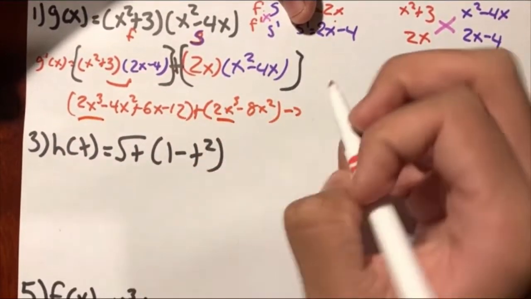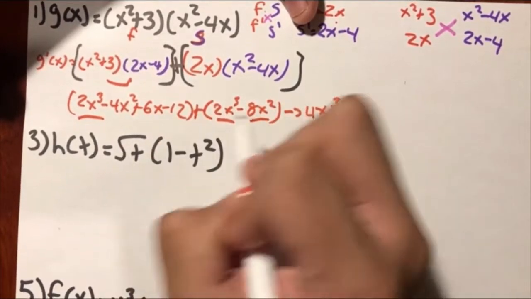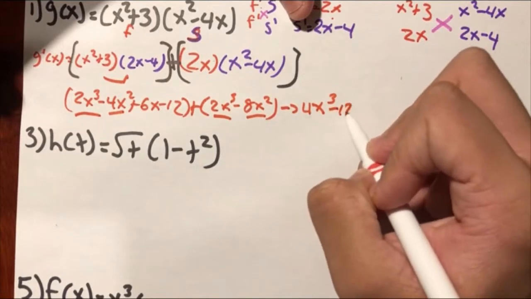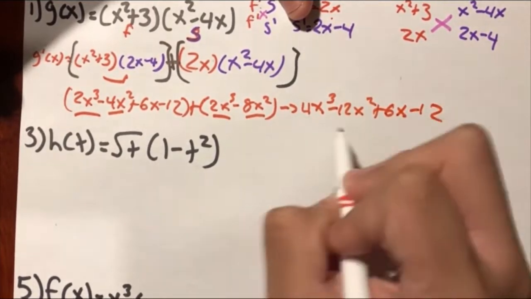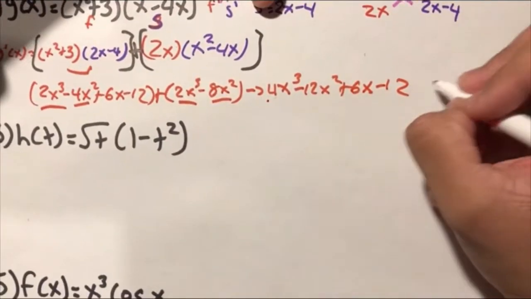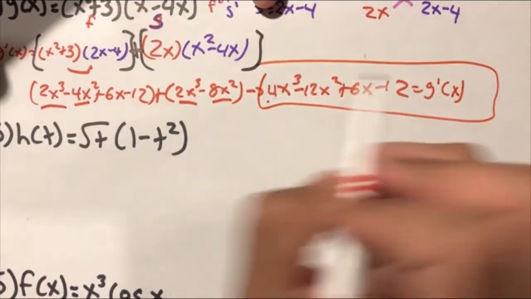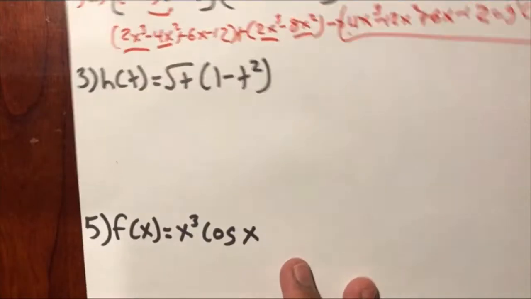These two quantities are linked. 4x cubed. These two quantities are also linked. Minus 12x squared plus 6x minus 12. So, equals g prime of x. So that's my derivative. Next question.